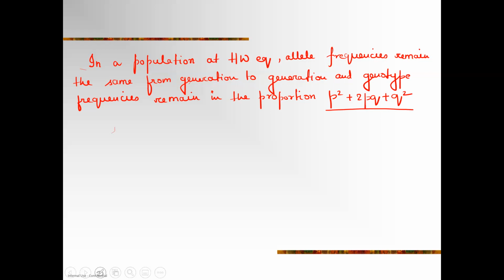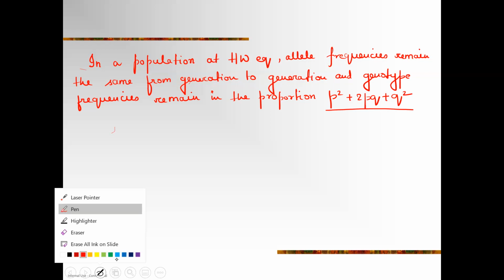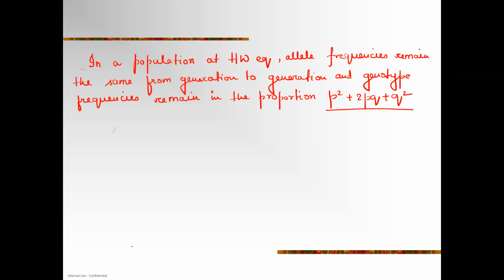So, see, if I just write it down, it will be better for you to understand. For F1 and F2 generations, mind it. Genotypic frequency of capital A capital A is p squared, right?